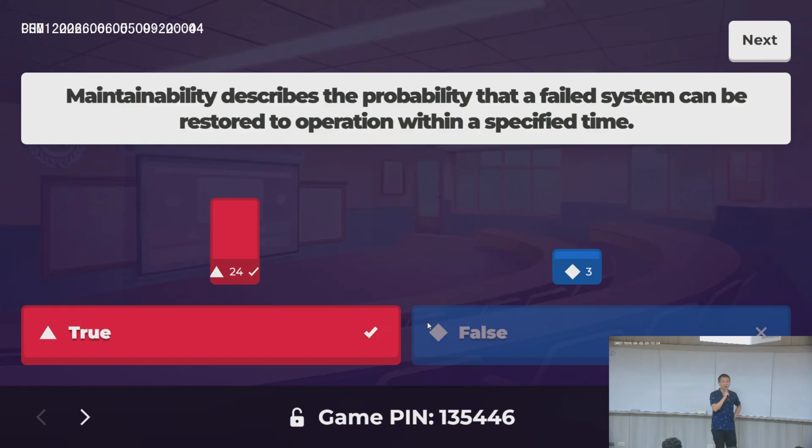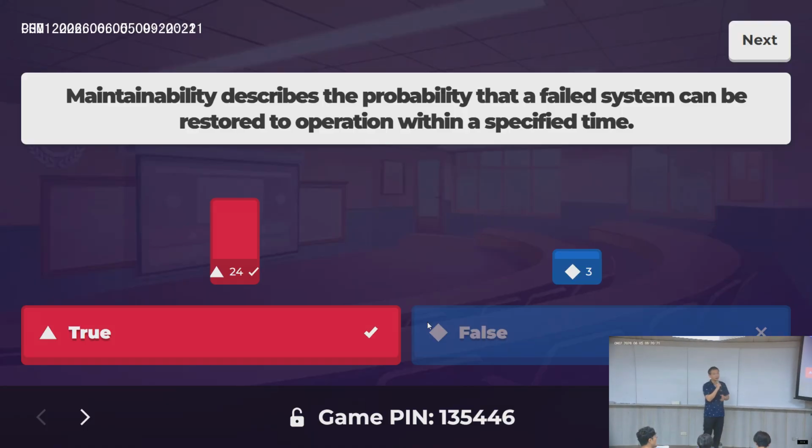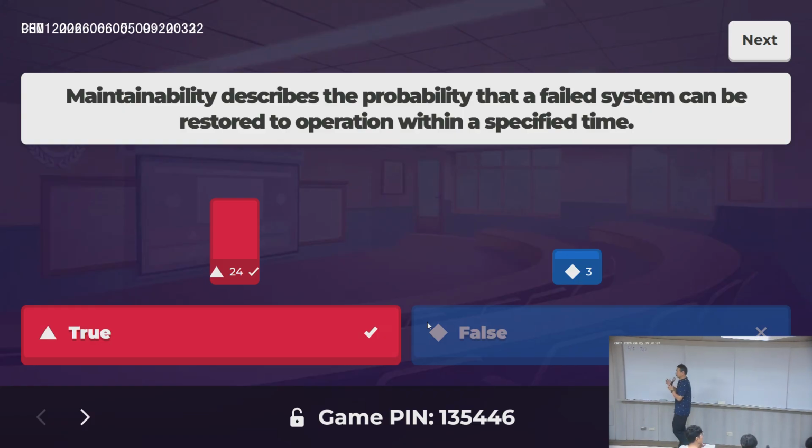If you still remember, we have some passive time for the engineer to go to your place, and then some active time to locate your failure and try to replace or fix the problems. Maintainability is also a key attribute for reliability. So when you review maintainability, please check if you understand these concepts, okay?